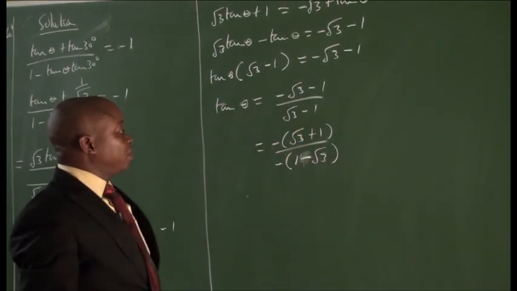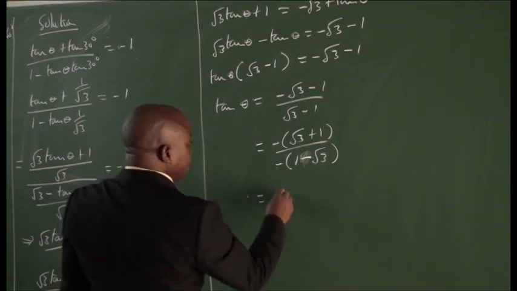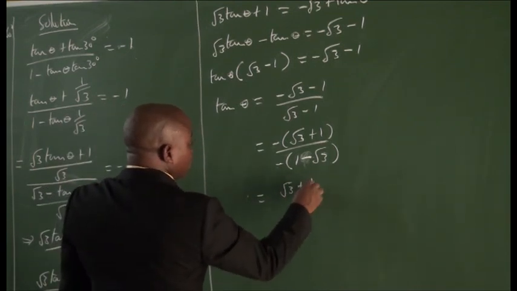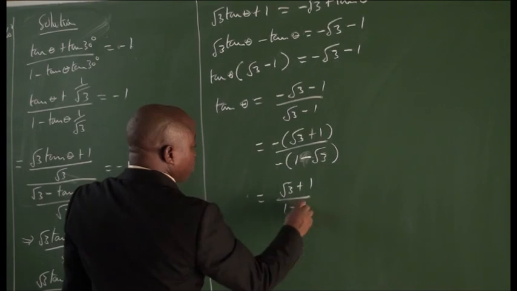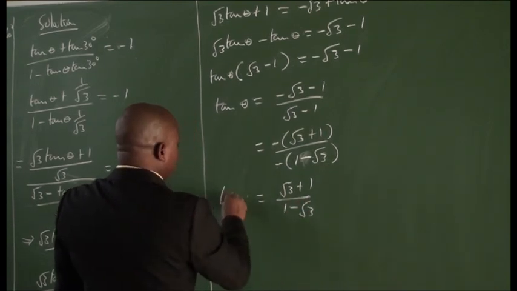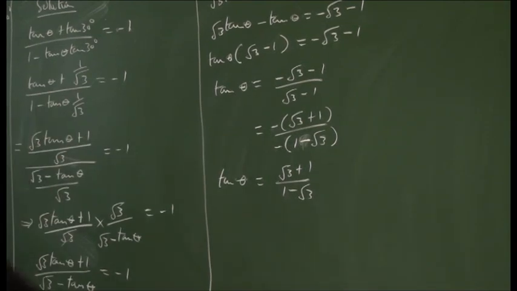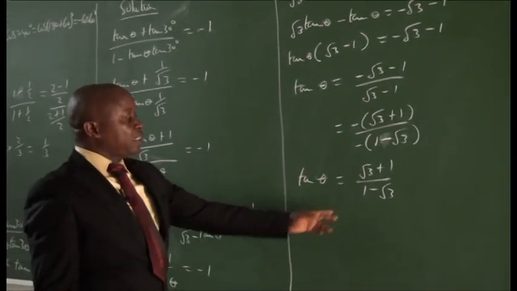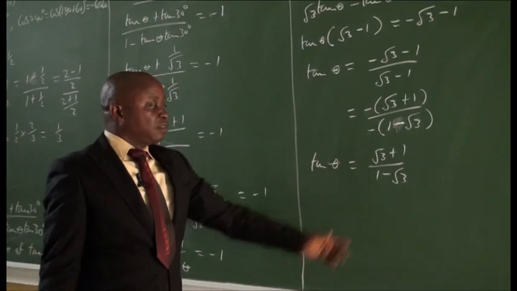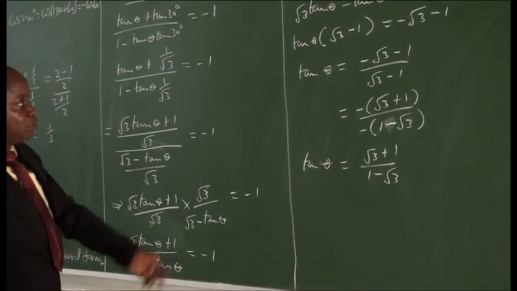So tan theta is root 3 plus 1 over 1 minus root 3. That is the value of tan theta. And if I need theta itself, it will be the tan inverse of this. So it's very simple to solve.